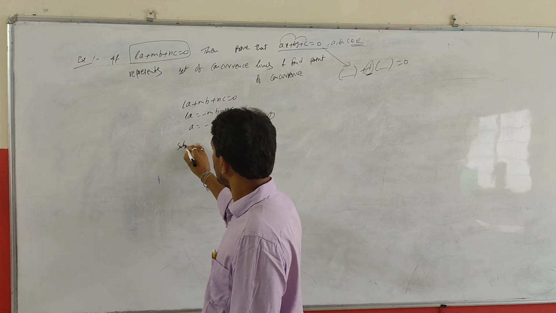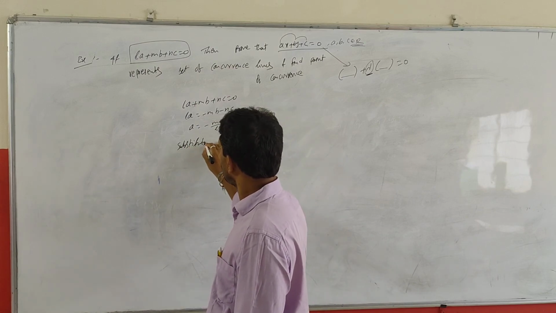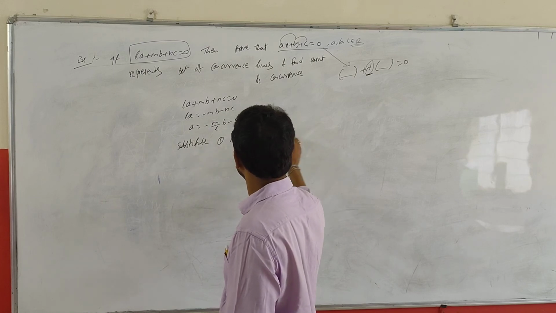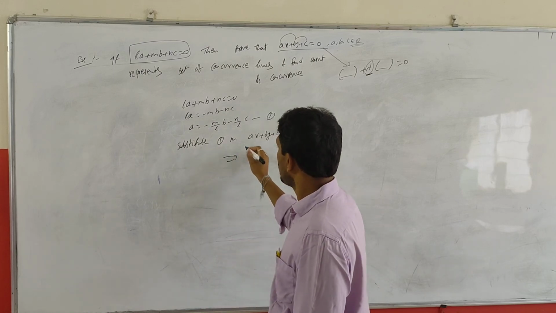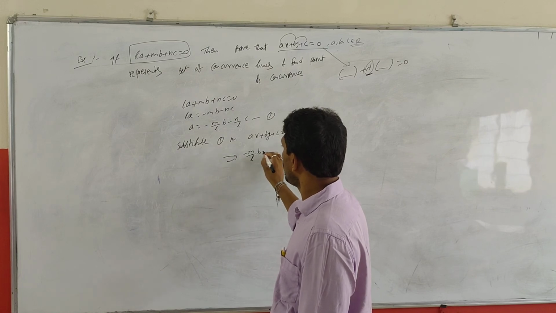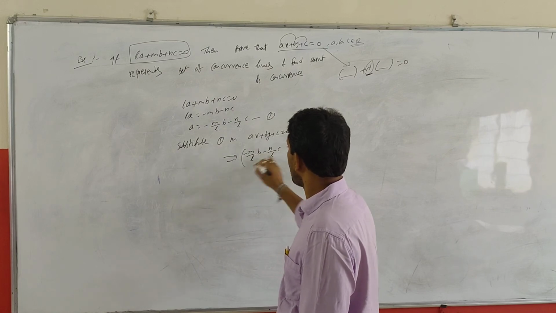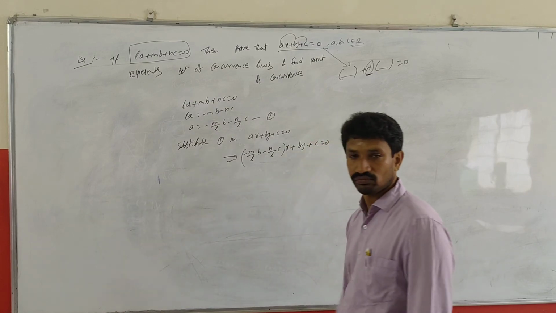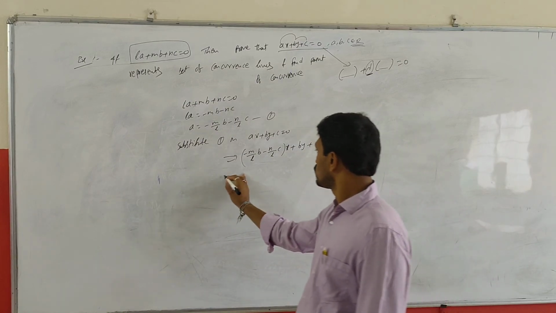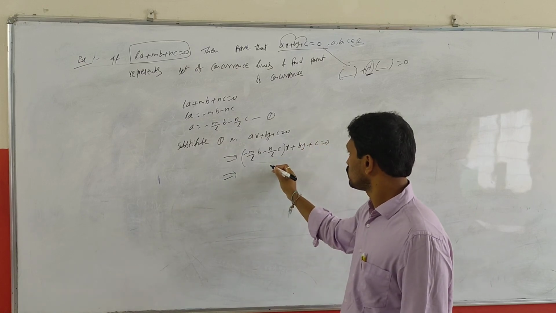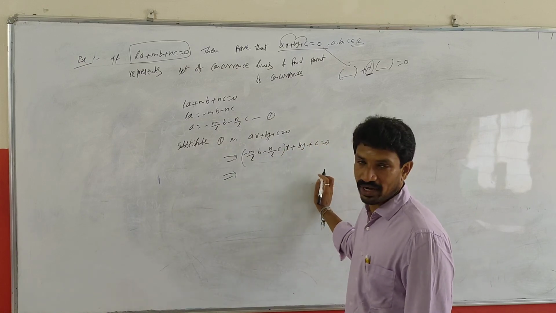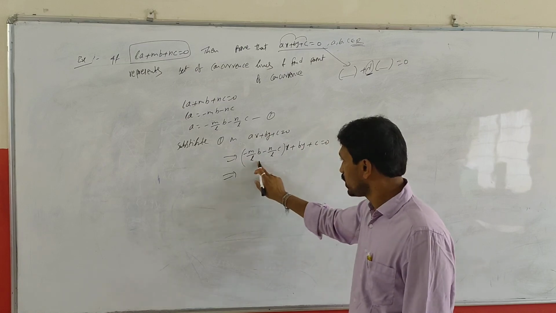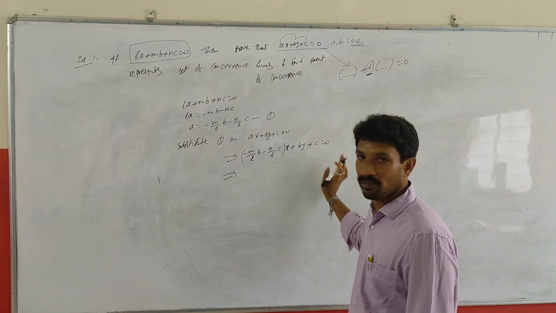Substitute 1 in AX plus BY plus C is equal to 0. Then what do we have: A means minus M by L into B minus N by L into C, times X plus BY plus C is equal to 0. Now separate the B terms and C terms separately. Here there is no A, so B and C separately.